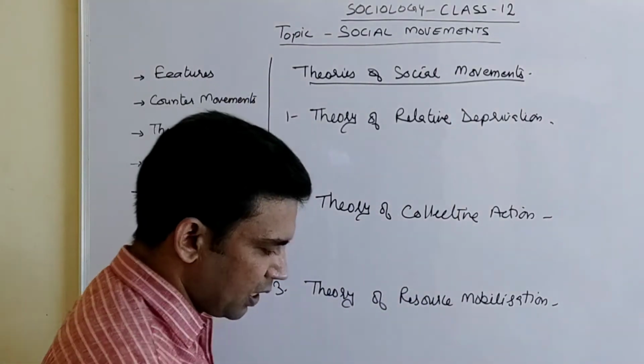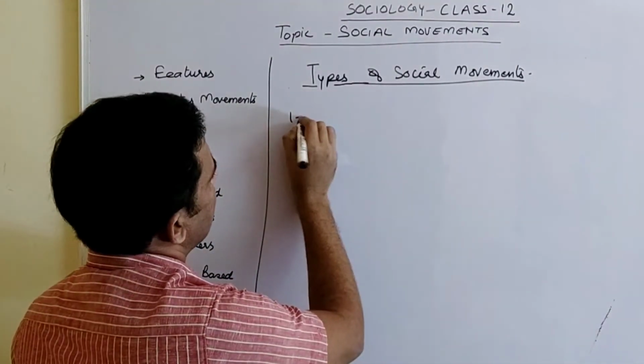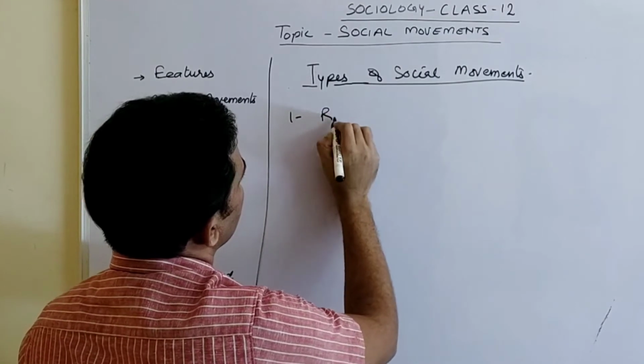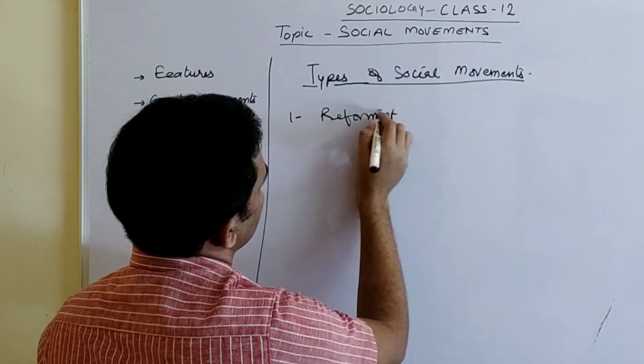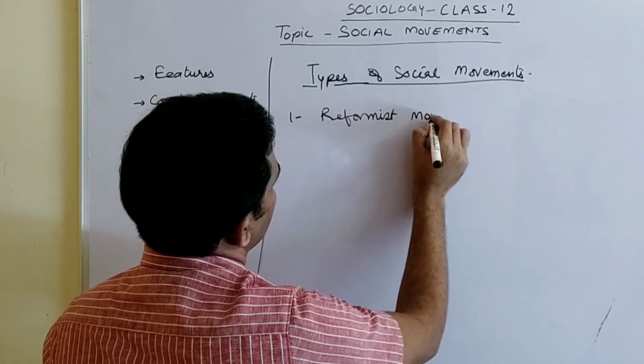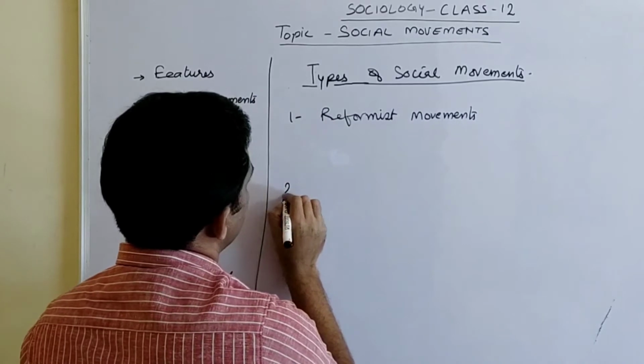After this we have types of social movements. This is also three types. The first one is reformist movements.